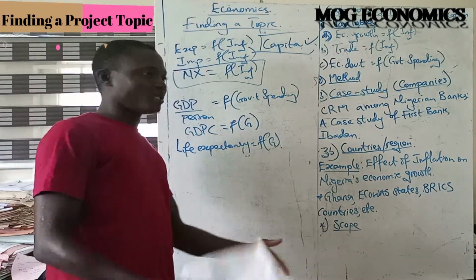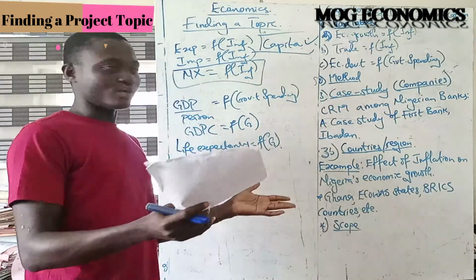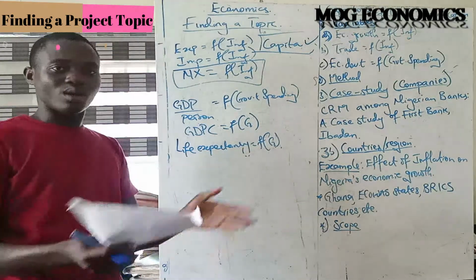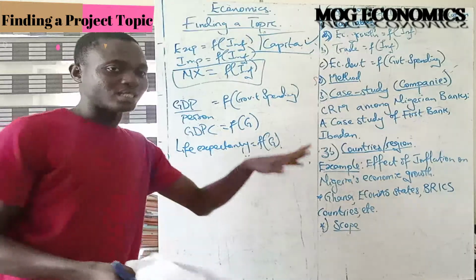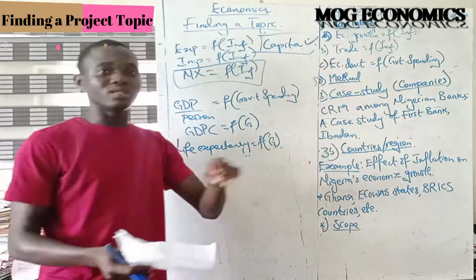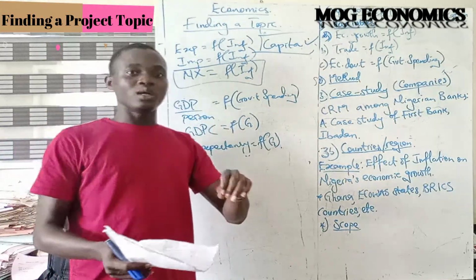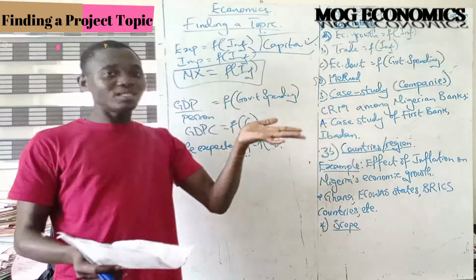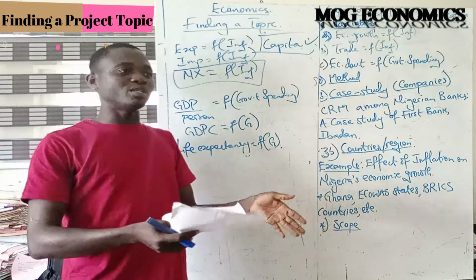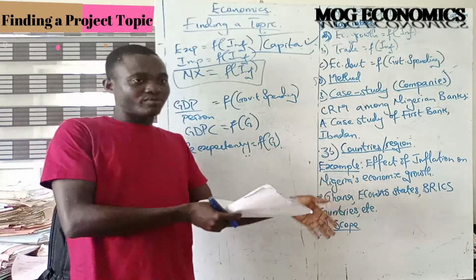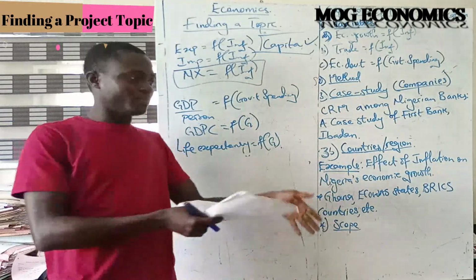So this is talking about the time frame of your project. Let's say you've been looking at other people's research work, and the best that anyone did on that topic was to use the data in 2015. But a lot of things have happened in your country between 2015 and 2021. So your own scope might be to include the periods after 2015 up to the current period.